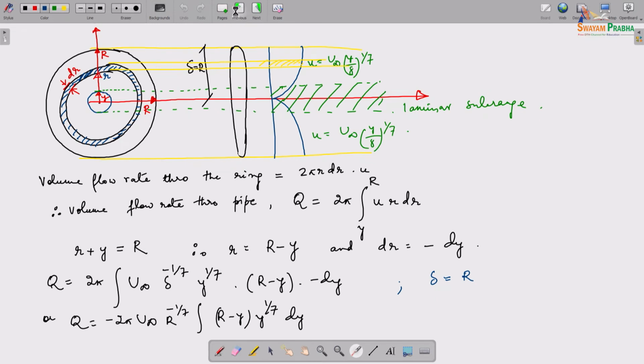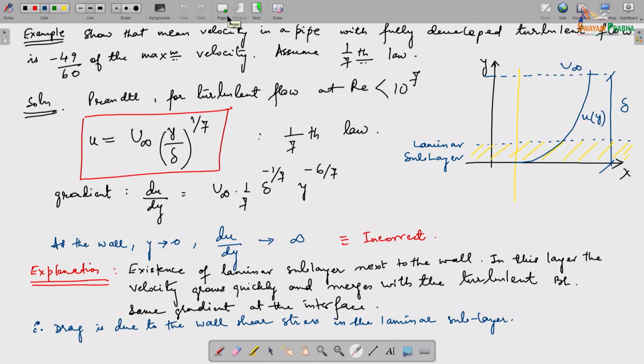This was also Prandtl's, for turbulent flow below 10 to the power 7, which seems to be our case. He defined something called a 1/7 law. This is the velocity in a turbulent boundary layer. This is exactly what we were doing last class for this problem using a pipe.